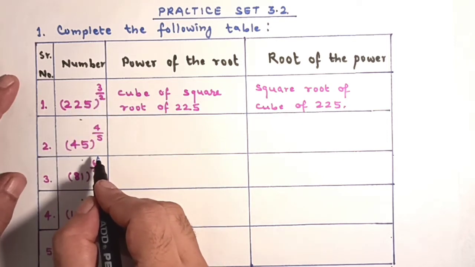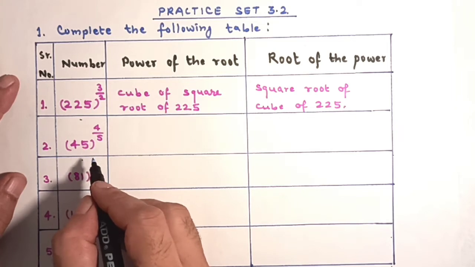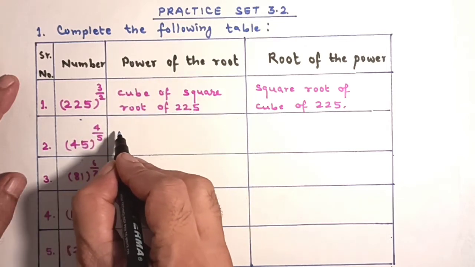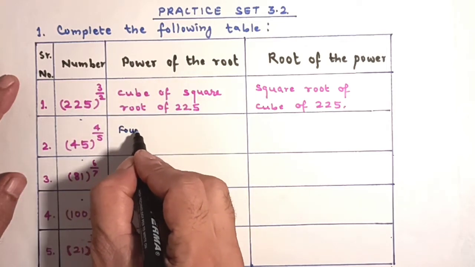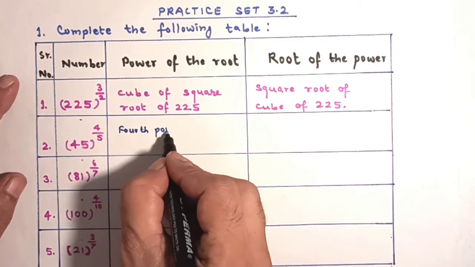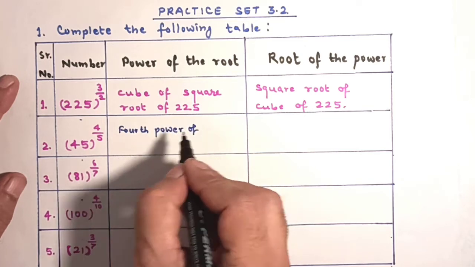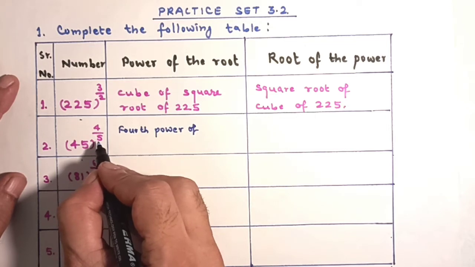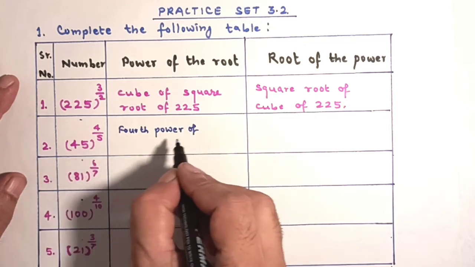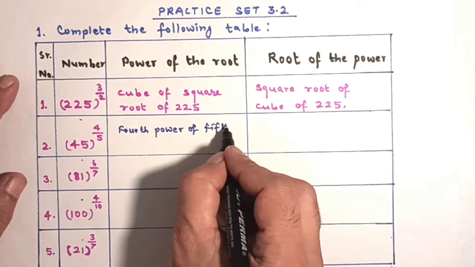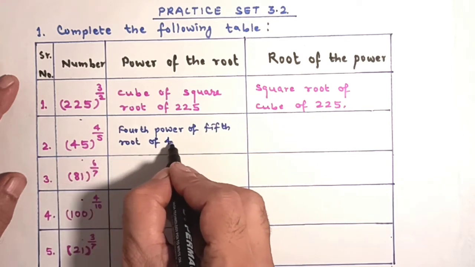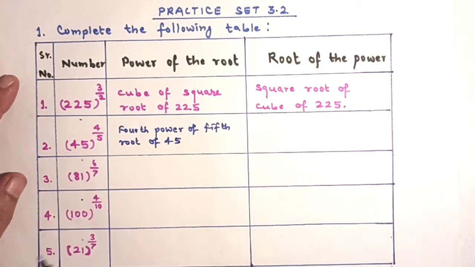Now next question, 45 raised to 4 upon 5. I have to see power first, so 4, so I will write fourth power of, this is 5, which is root side, so I'll write fifth root of 45.